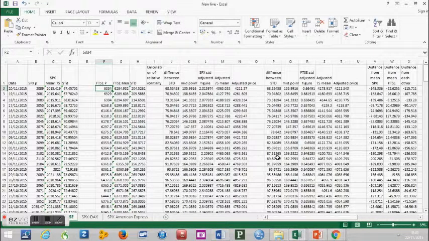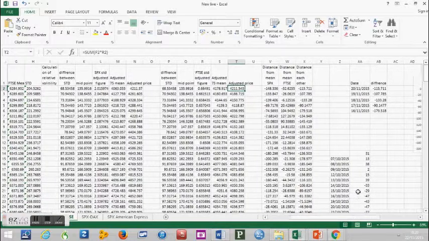We do the same again for the FTSE. We get 6334, and we do the same calculation of the volatility, and we get 0.6649 as our adjusted figure. This equates to an adjusted price of 4211. This means we can compare these two figures much more easily.